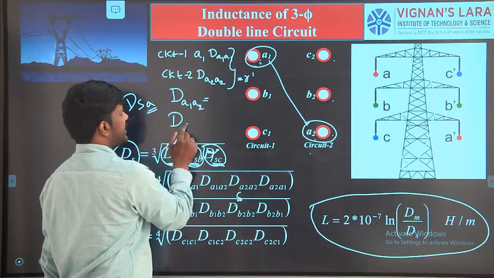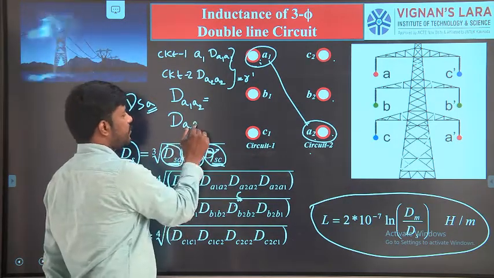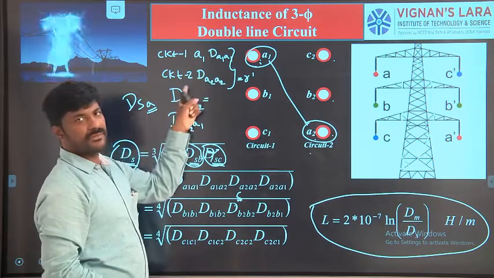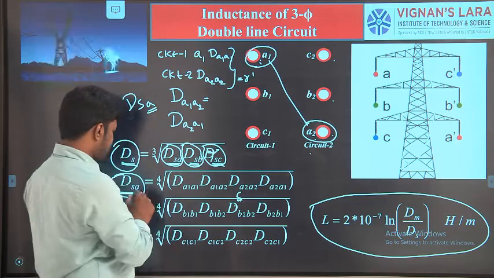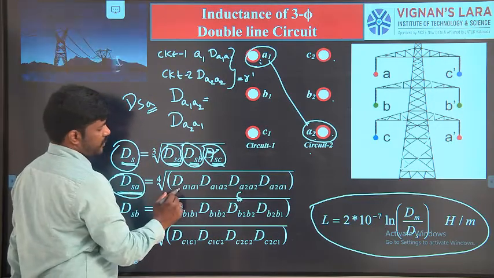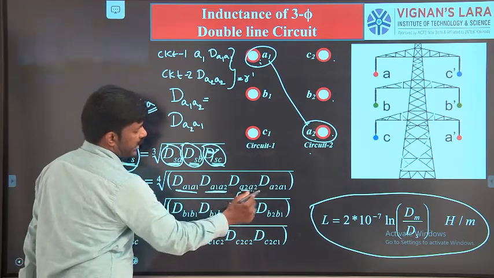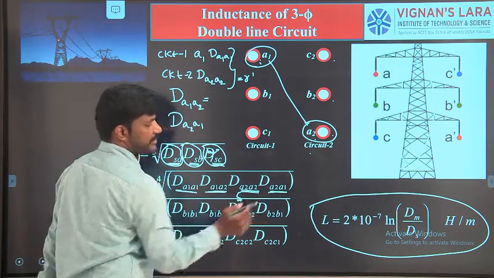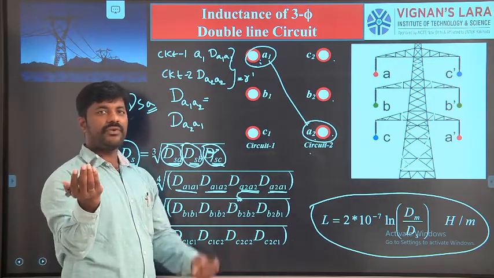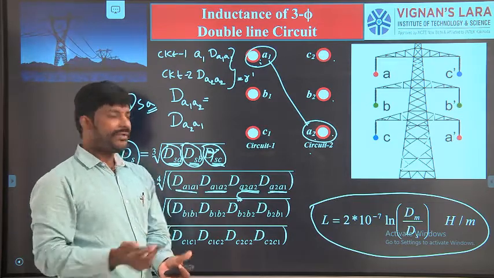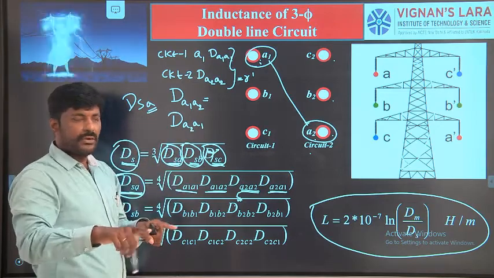Similarly, the third one is the distance from circuit 2 to circuit 1, dA2A1. Altogether 4 terms are there to find the self-GMD of phase A. You can observe here DSA of phase A is equal to dA1A1, dA1A2, dA2A2, dA2A1. These are the 4 combinations. Since there are 4 distances, the equivalent value of phase A is the product of all those 4 distances whole to the power 1 by 4.